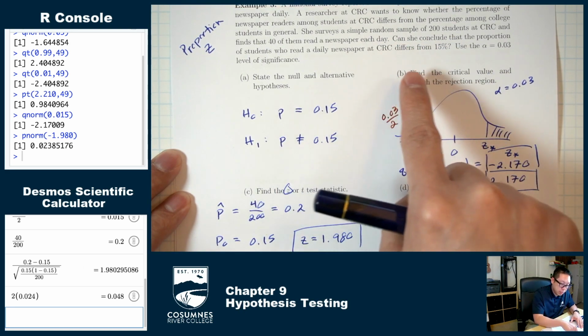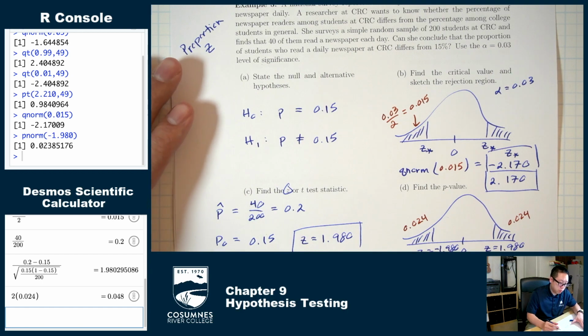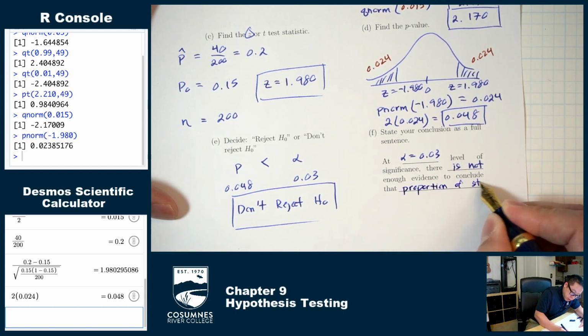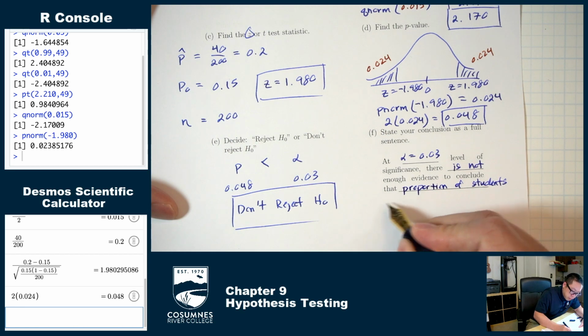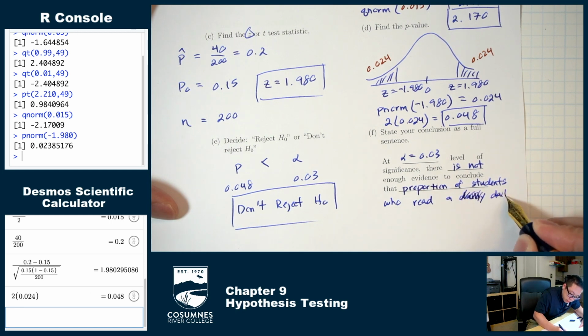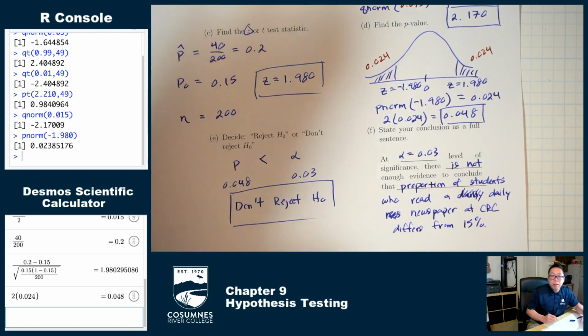Or you can get it from the sentence: proportion of students who read a daily newspaper differs from 15%.